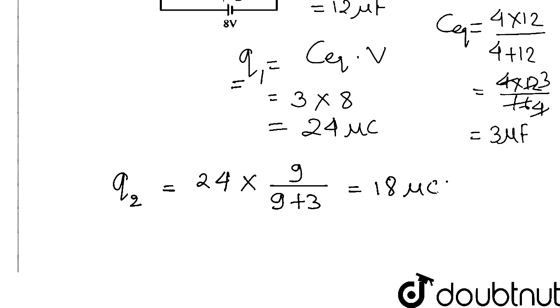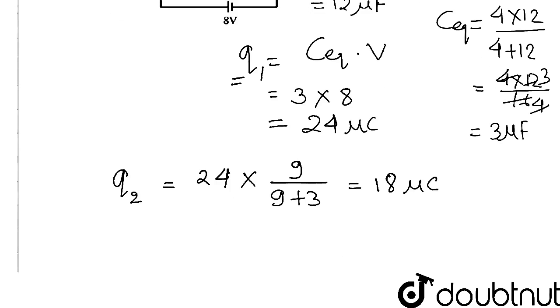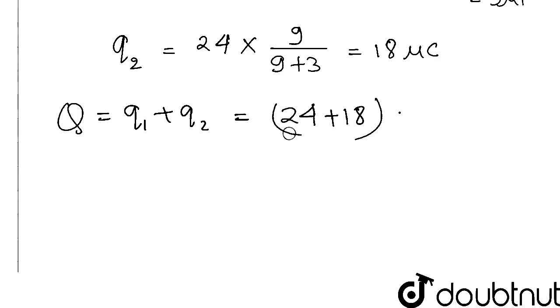Now Q is Q1 plus Q2, which is 24 plus 18, that is 42 microcoulomb.